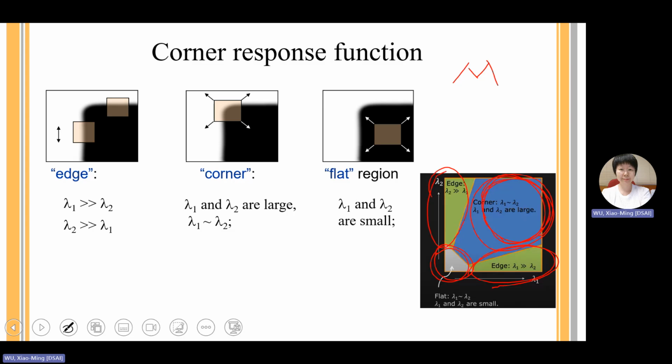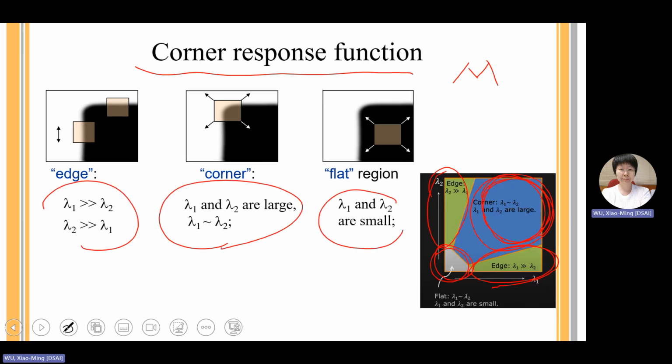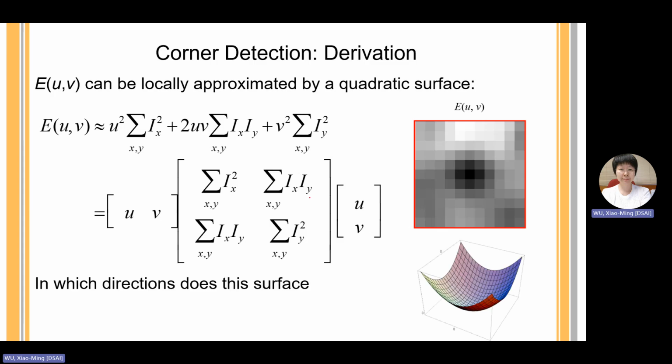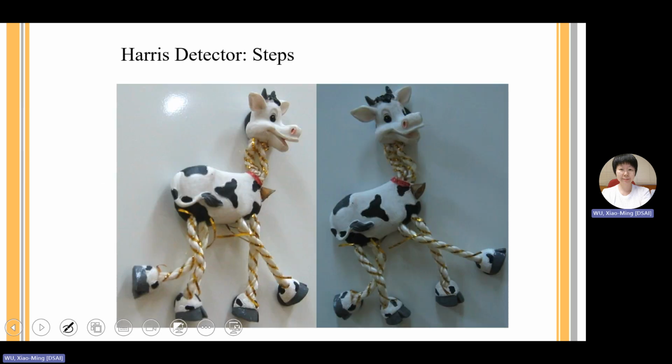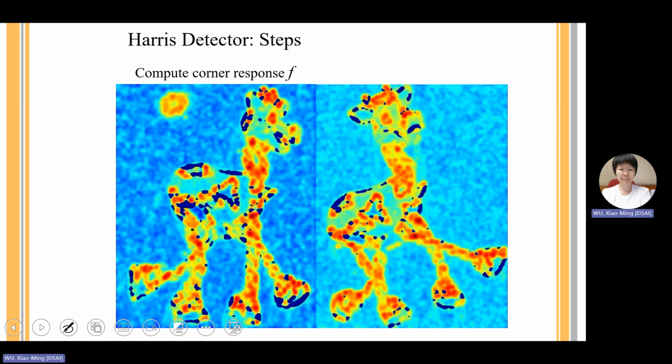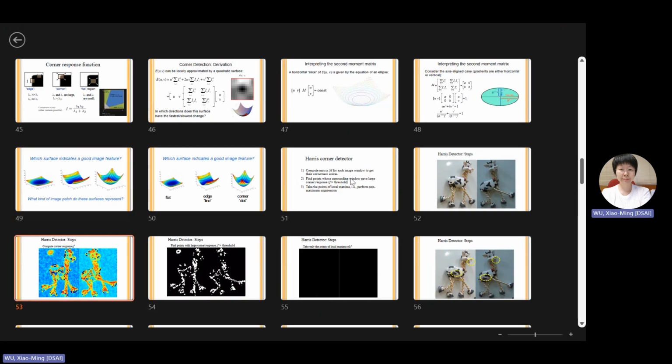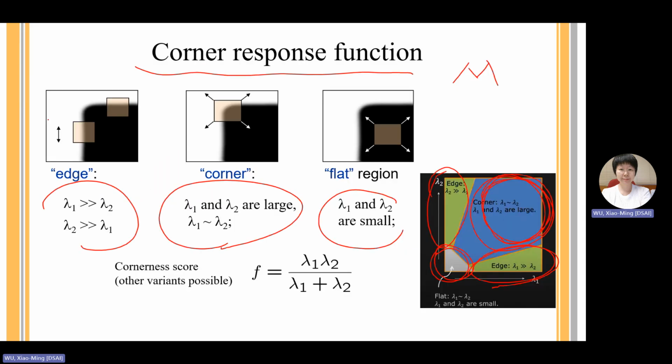Okay, and we can design a corner response function with lambda 1 and lambda 2. A corner response function, remember? Remember how we compute the matrix M to get a cornerness score. For each pixel, we need to compute a value to indicate the cornerness of this pixel. So we need to design a function using lambda 1 and lambda 2.